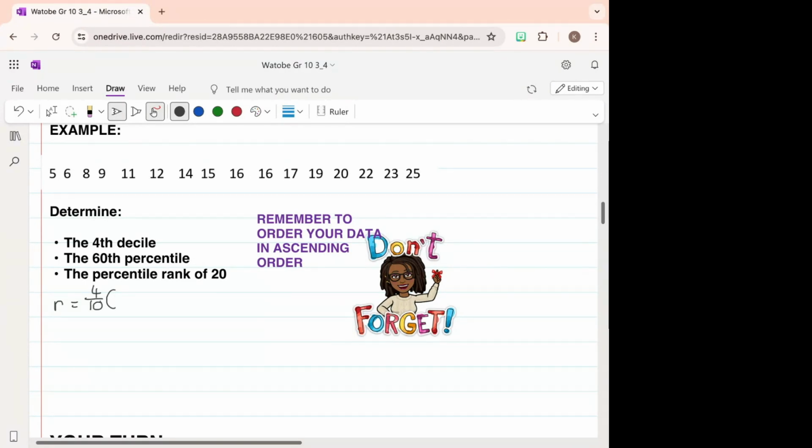How many numbers do we have? 1, 2, 3, 4, 5, 6, 7, 8, 9, 10, 11, 12, 13, 14, 15, 16. 16 minus 1 plus 1. Right, go calculate that for me first.